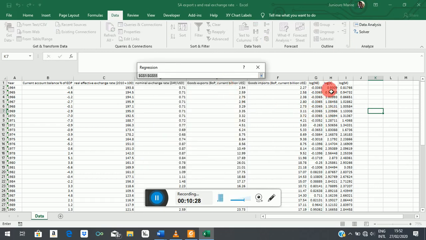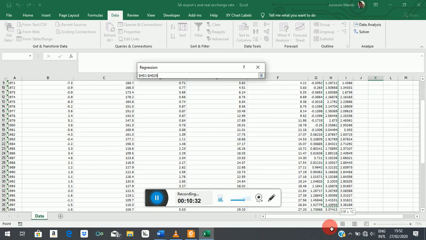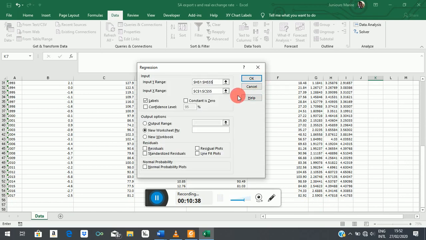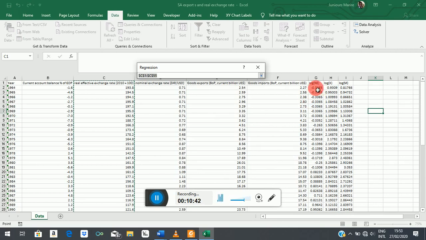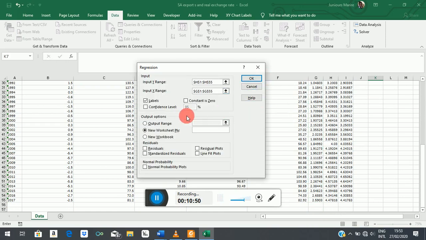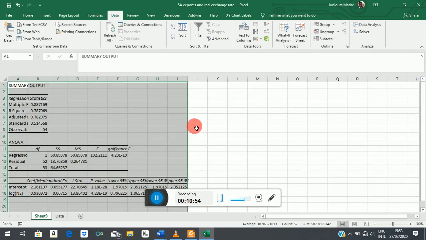Our dependent variable in the first instance is the logarithm of exports, and our explanatory variable is the log of the nominal exchange rate. Right, so let's run our regression. Here's the regression.